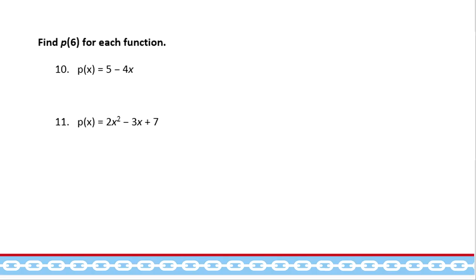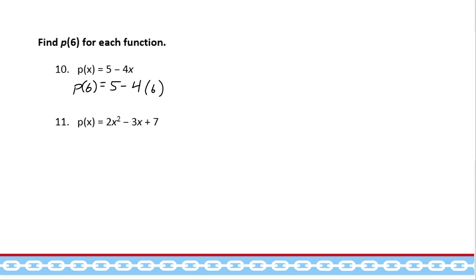For numbers 10 and 11, we're asked to substitute into the function, find p of 6 for each function. Function notation, right? The p is the name of the function, and the 6 is our x value. So for number 10, we're using that function that they provided for us, and we're subbing in a 6 for x.